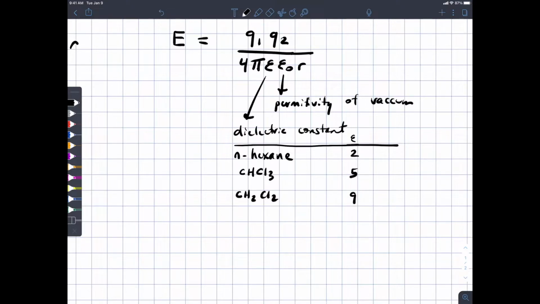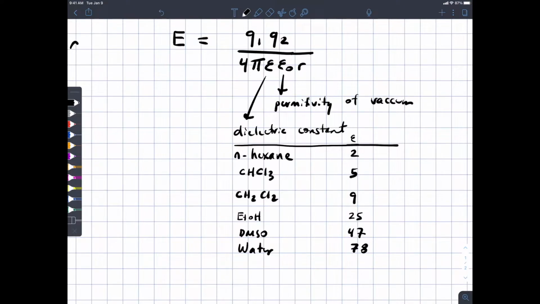If you get to an alcohol, suddenly you jump up quite a bit. So ethanol has a dielectric constant of 25. DMSO has a dielectric constant of 47, and of course water has a dielectric constant of 78.